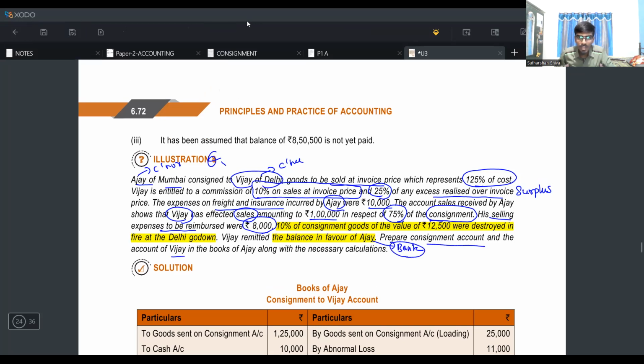Prepare the consignment account in the books of Vijay and the account of Vijay in the books of Ajay with necessary calculation. You have to prepare all the ledger accounts in the books of Vijay. This is your homework on this question.